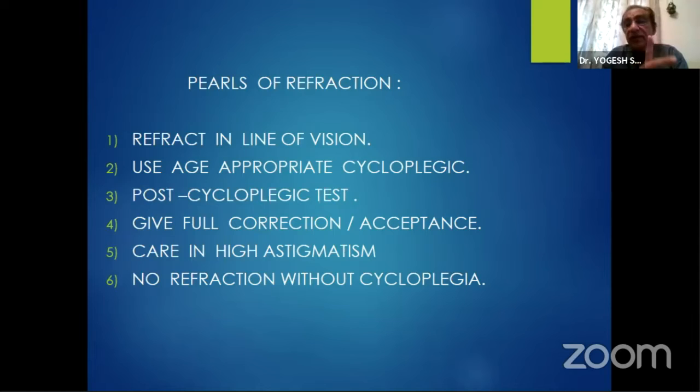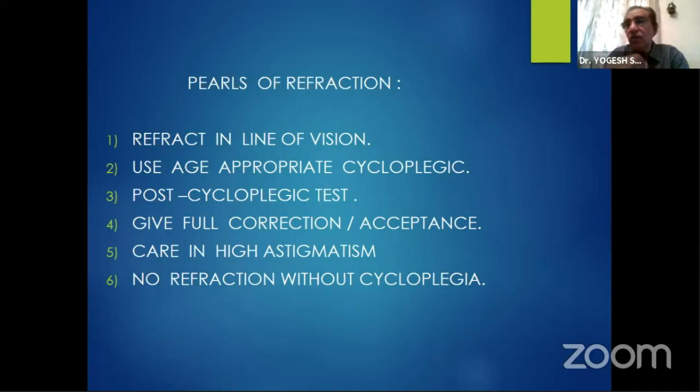Post-cycloplegic test is mandatory in every child. There have been cases in my practice also. I had a 6 or 7 year old child who had a psychiatric problem, so I did not use cycloplegia. I used tropicamide, but there was a disparity in the autorefraction.